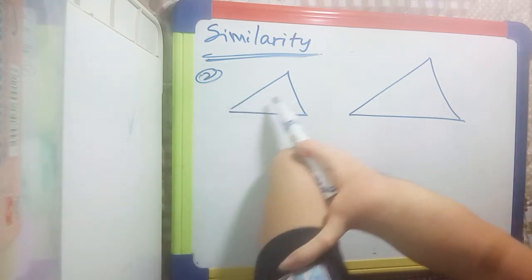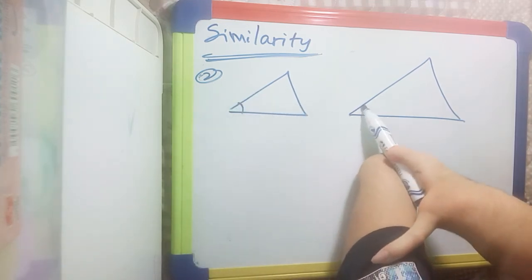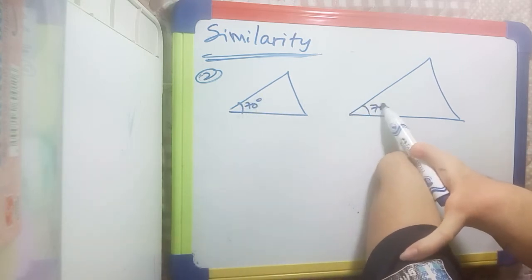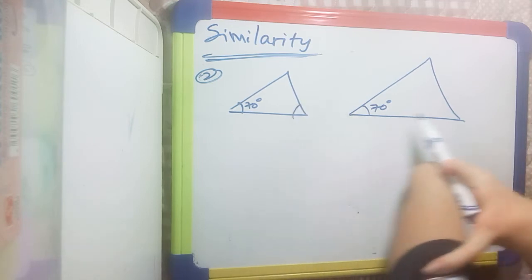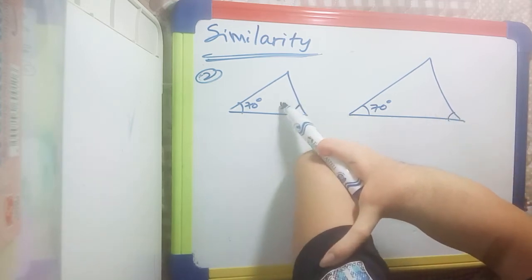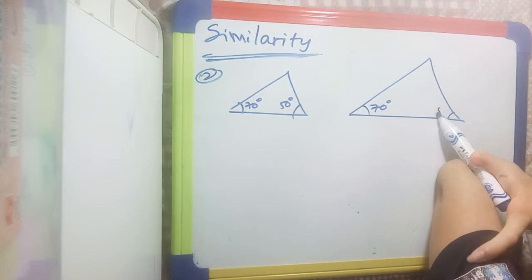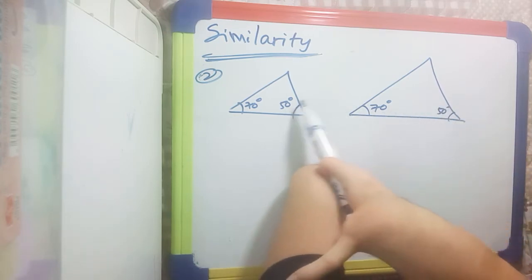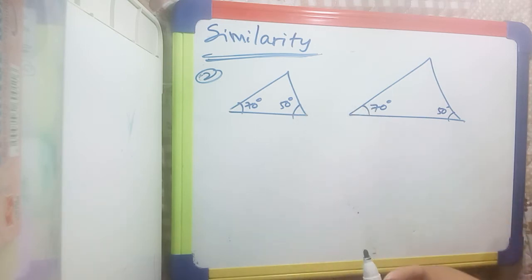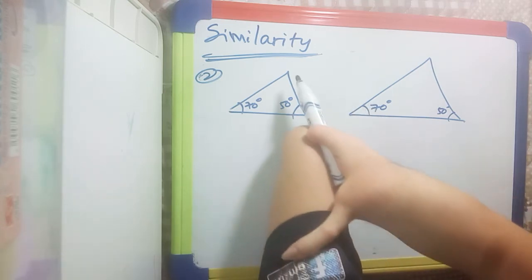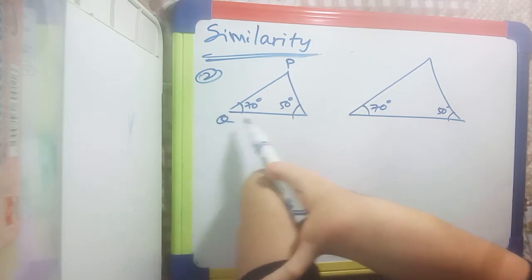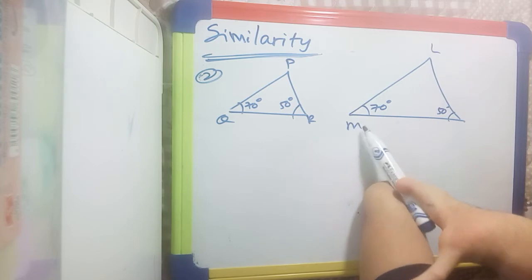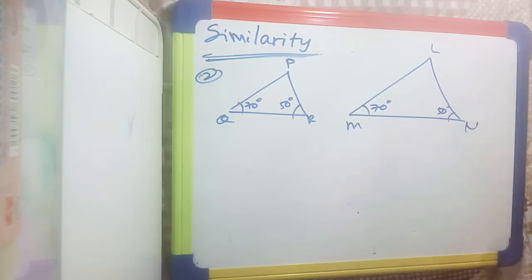Let's say the angle here and the angle here are 70 degrees, and the angle here and the angle here are 50 degrees. You must remember, when the angles are equal, both triangles are automatically similar. Let's give the names. This is PQR. Let's say this is L, M and N.